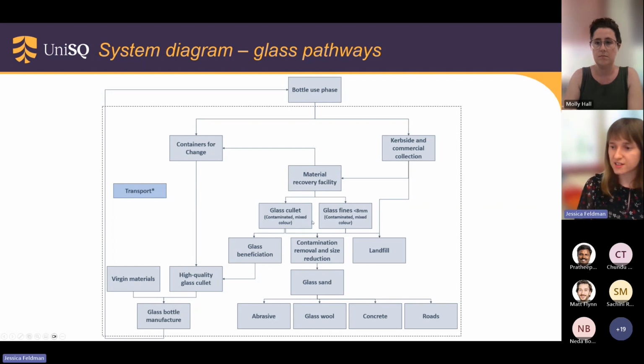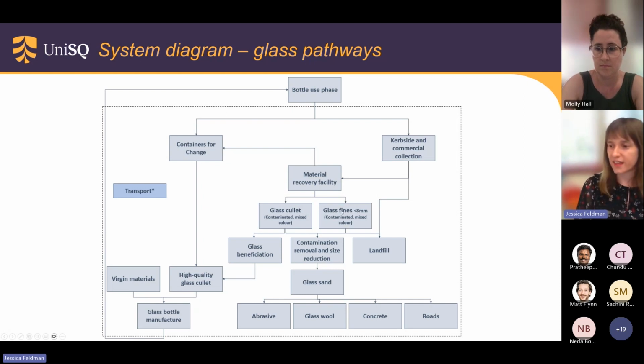The glass cullet is still contaminated at this stage, and it's mixed color. Then it can go to another facility called a glass beneficiator, where the contamination is removed and it is color sorted and it can become a high quality glass cullet.